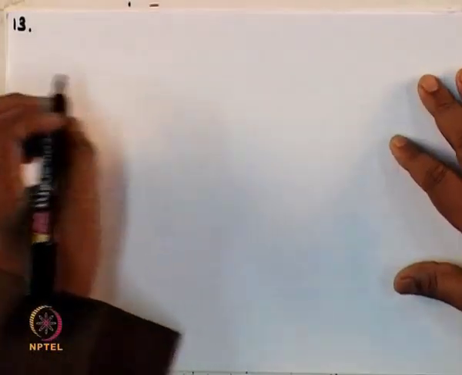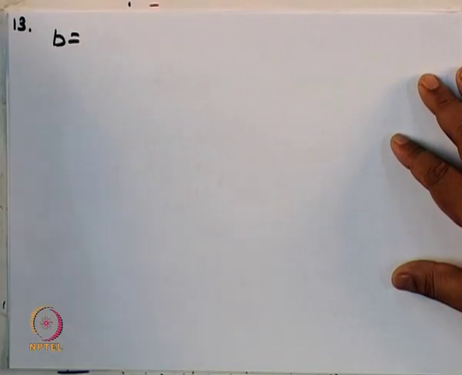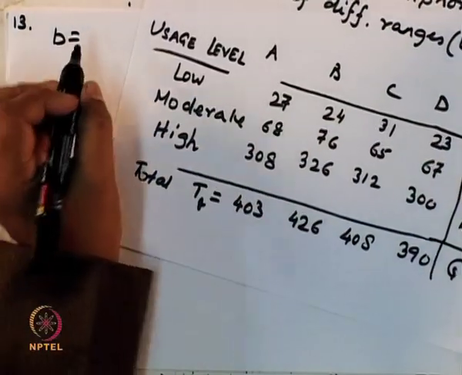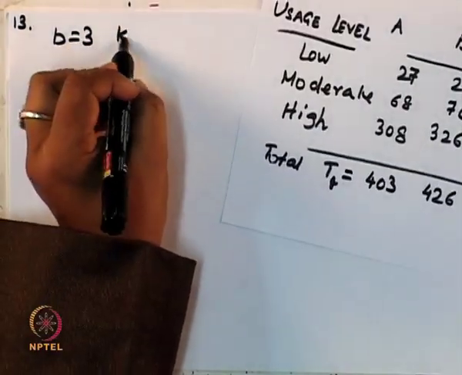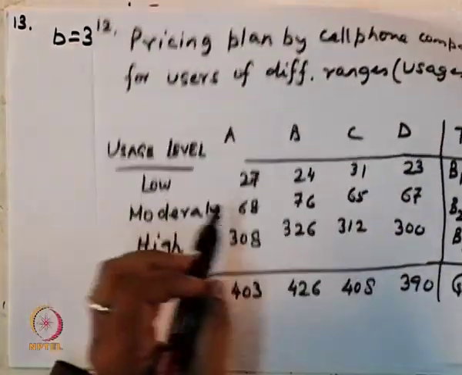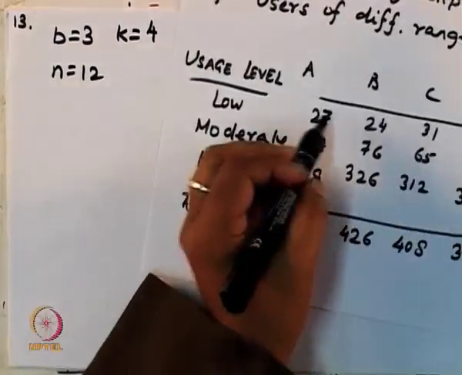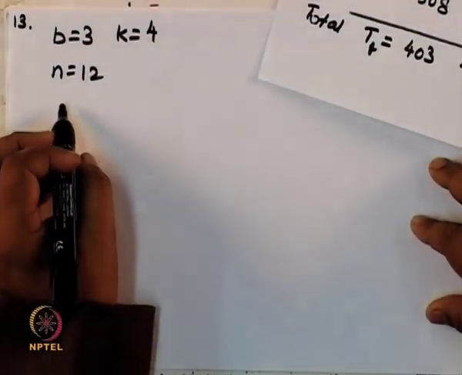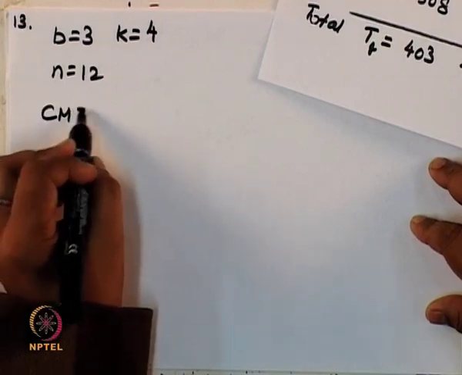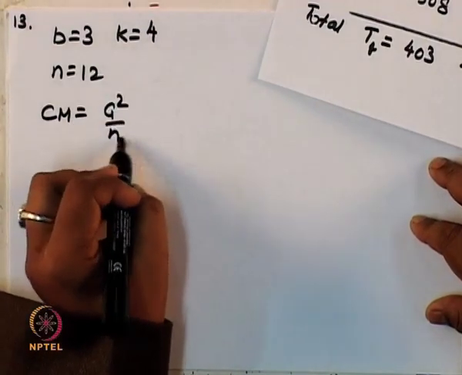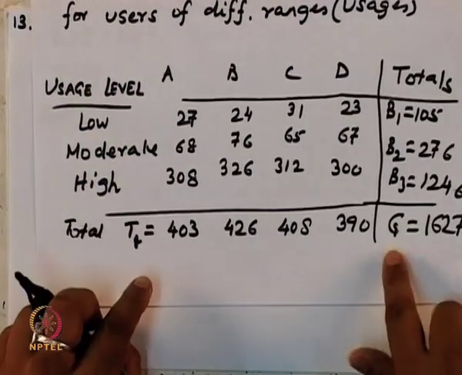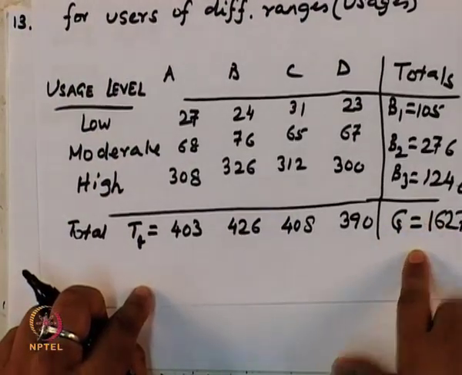So, your B, the number of blocks, is 3, K, your number of companies A, B, C, D, is 4, N is 12. So, you have this total combination of 12 observations. You can calculate the Cm, which is given by G square by N. G we calculated as the grand total of all observations.